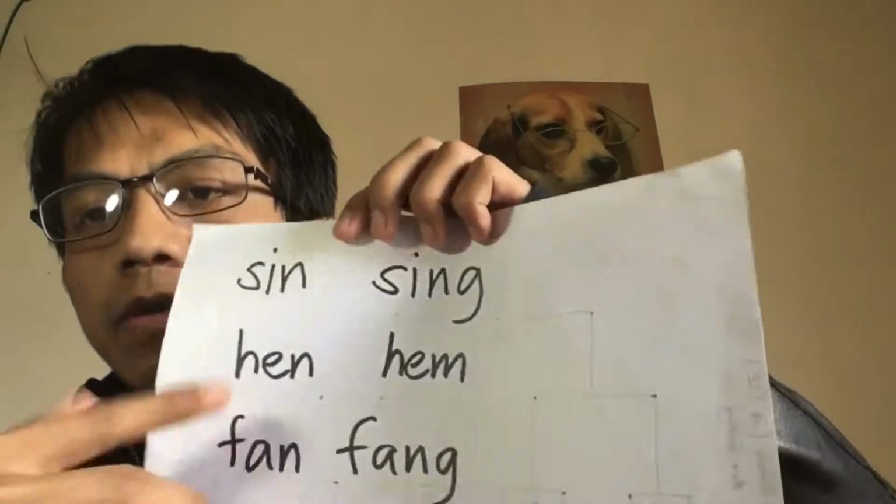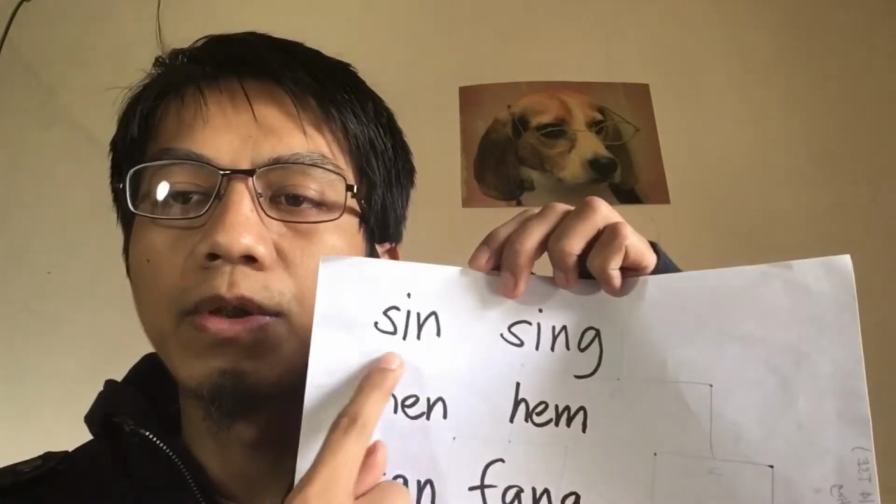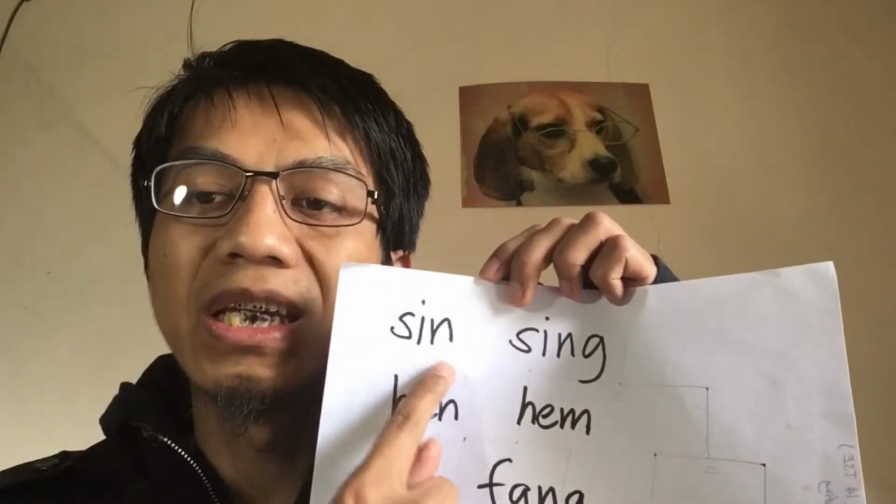Okay, let's go back to this pair of words, sin and sing. When you pronounce the last sound of the word sin, your tongue should be touching the alveolar ridge.